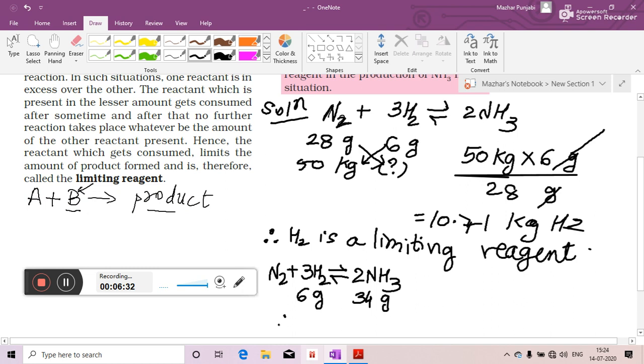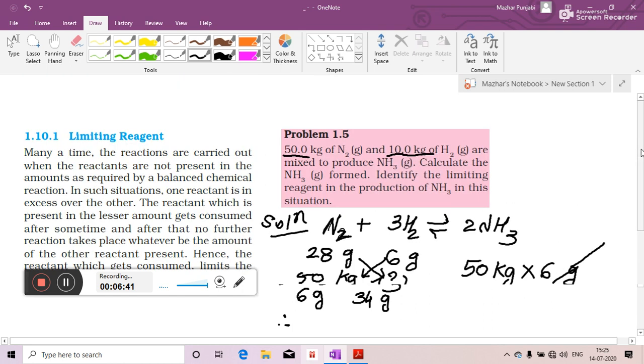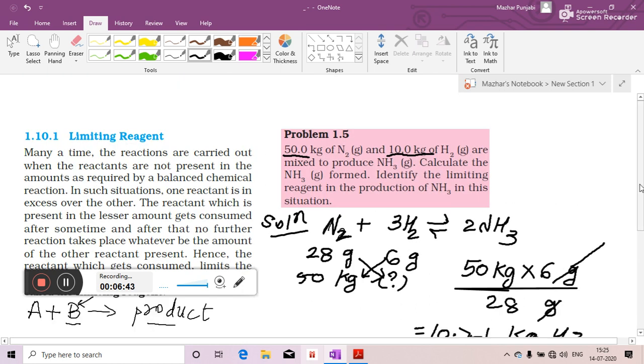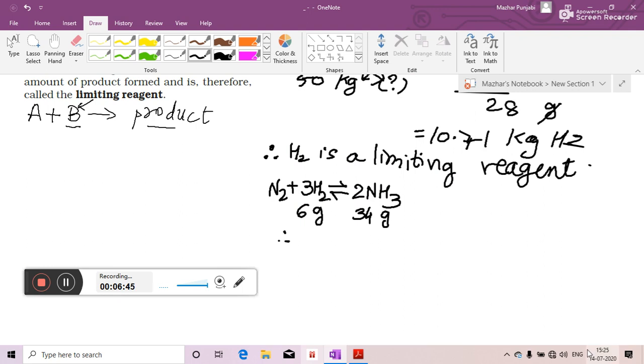Now in our question, what is the mass of hydrogen given? As hydrogen is a limiting reagent, the amount given is 10 kilogram. So 6 gram hydrogen forms 34 gram ammonia. So 10 kilogram hydrogen should form what amount of ammonia?